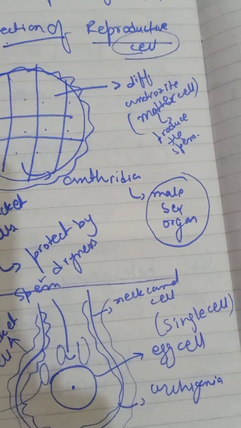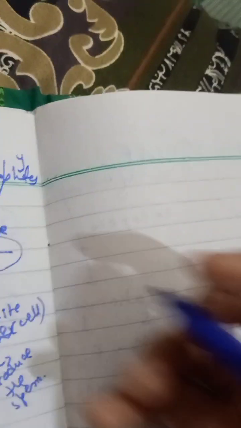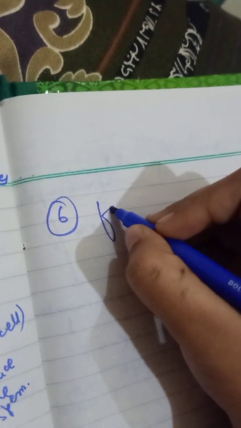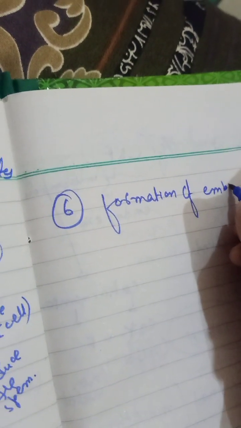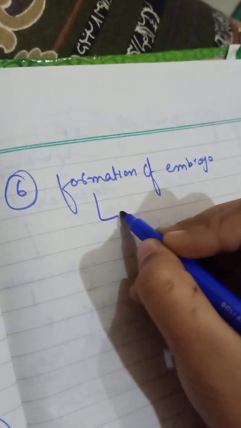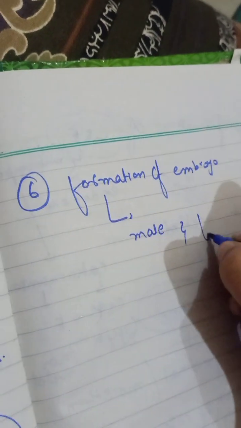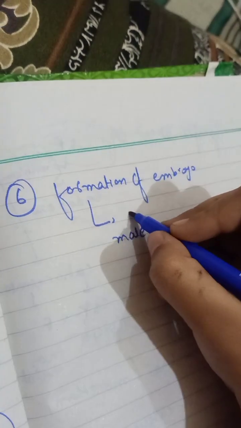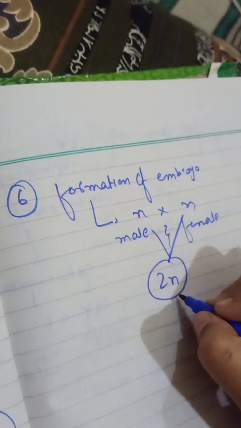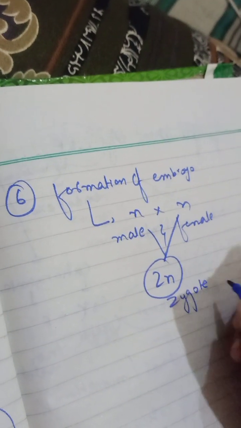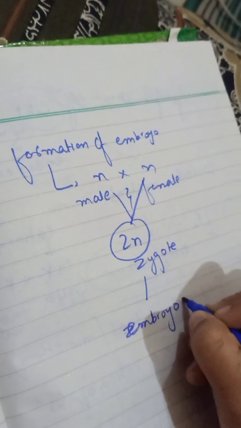Now we are going to discuss the formation of the embryo, the sixth adaptation. Fusion of the male and female sex organ gametes, which are haploid, makes a diploid zygote. After the zygote, the embryo is produced, which is also 2n.